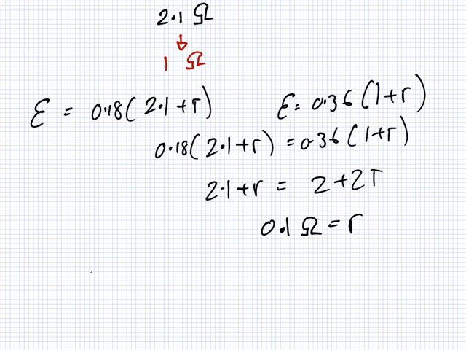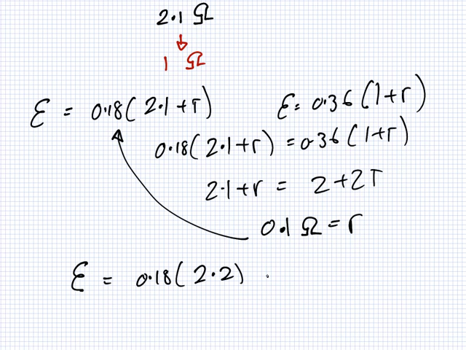And lastly, to get the E, that's 0.18 times 2.2, if I just put that in there. Can you just hit that in, please, Monica? What do we get there? 0.396 volts then. Okay.